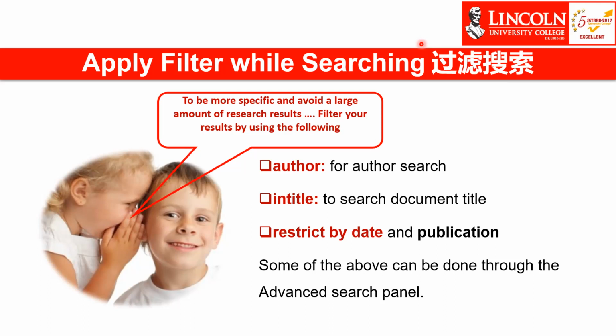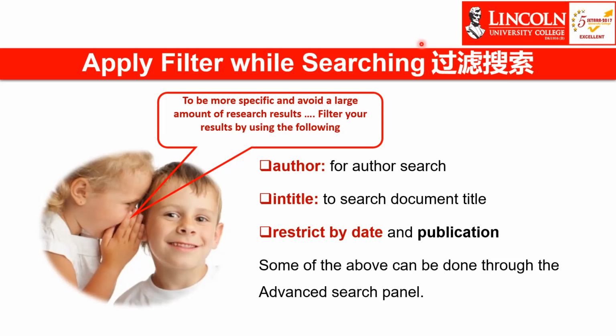Then in title, you may want to search for a specific phrase, or you want the phrase to be included inside the title of the research work. Let's say, for example, I want to search for something on football. I want to see all the papers that have mentioned football in their title.